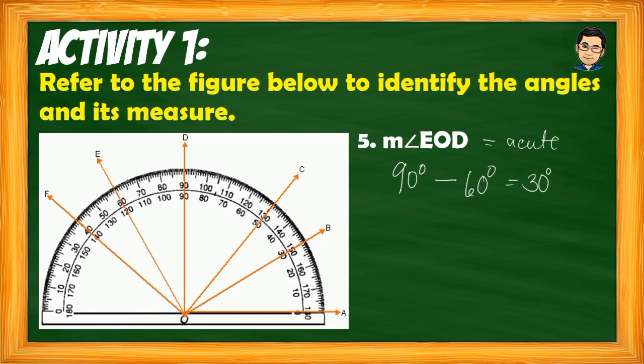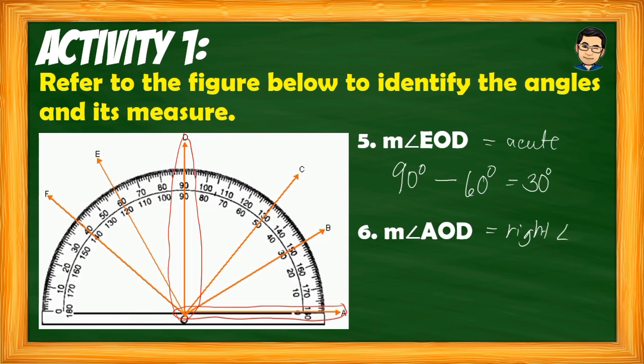So, tamang-tama po sa sukat ng acute angle. And then, angle AOD. Kung titignan natin ang angle AOD, yan, ito po yung sa D, ito yung sa O, ayan. Isa po siyang right angle. So, kapag right angle, isa lang po ang kanyang sukat, exactly 90 degrees.